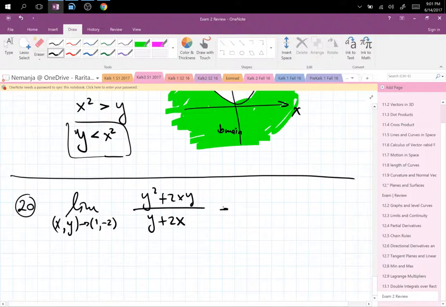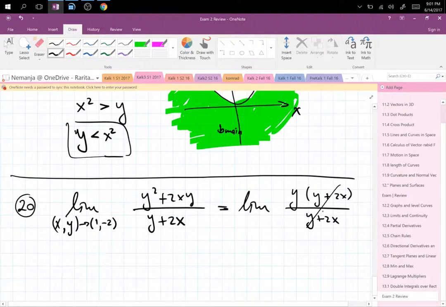So what I'm going to do is factor out y, which leaves me with y plus 2x divided by y plus 2x. And these guys completely cancel, leaving just the limit of y. And we know that x, y goes to 1, negative 2. There are no x's left in the problem. It's just y, and y goes to negative 2. So the answer for this problem, number 20, on page 893, is negative 2.